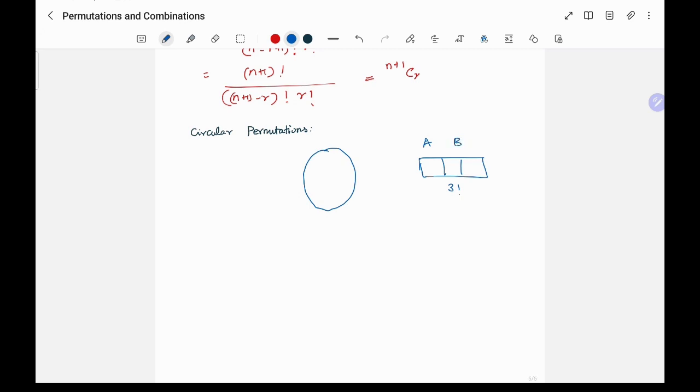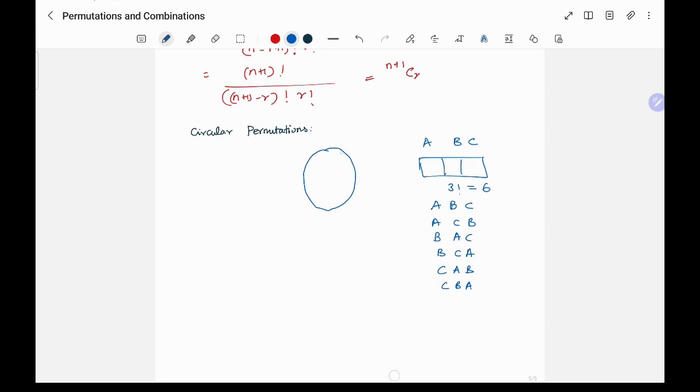Let's say A, B, C. 3 factorial is 6, 3 into 2 into 1. So what are the different ways? A, B, C, A, C, B, and then B at the start: B, A, C, B, C, A, and C at the start: C, A, B, C, B, A, correct?